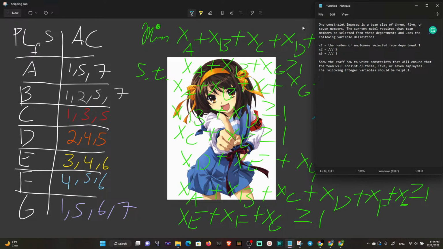Y1 is equal to 1 if the team size is 3, 0 otherwise. Y2 equals 1 if team size is 5, 0 otherwise. And then Y3 is equal to 1 if team size is 7, 0 otherwise.